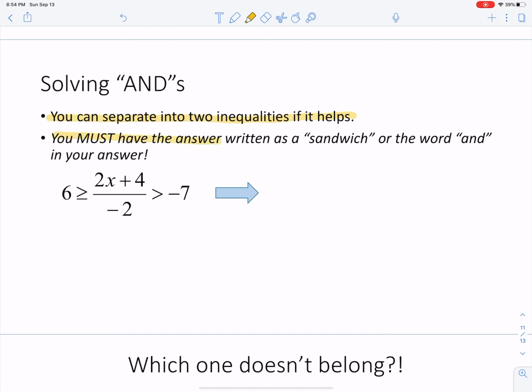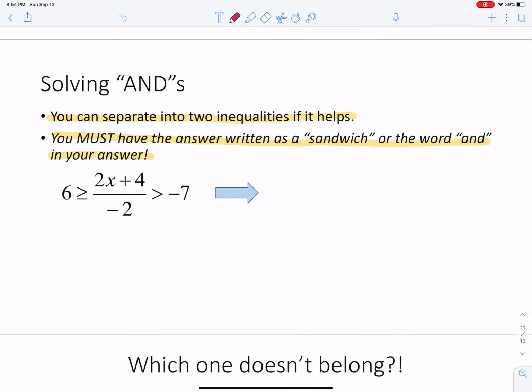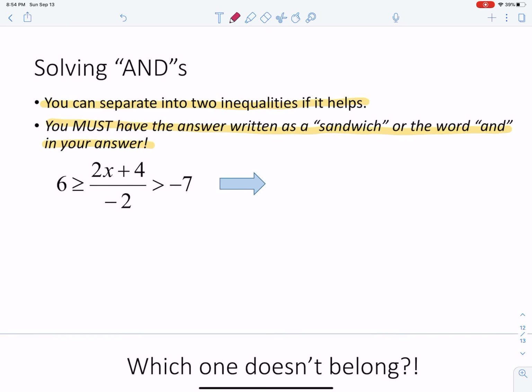And you must have the answer written as a sandwich or the word and is your answer. If you notice here, we kind of sandwiched it together. So here's the trick with these: you can separate it into 6 is greater than or equal to 2x plus 4 over negative 2.